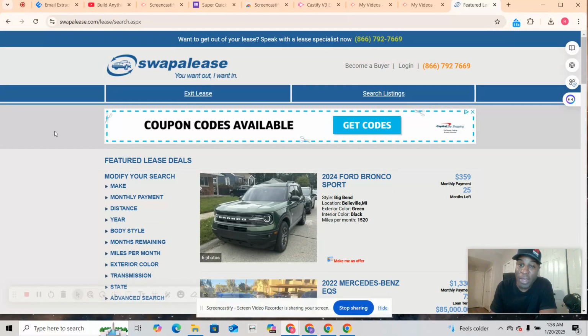They probably ran out of miles, used the miles on the lease a little too much, and they don't want to be charged when they give the car back. These are active automobiles on a lease that you can swap, provided your credit is accepted by the leasing company.